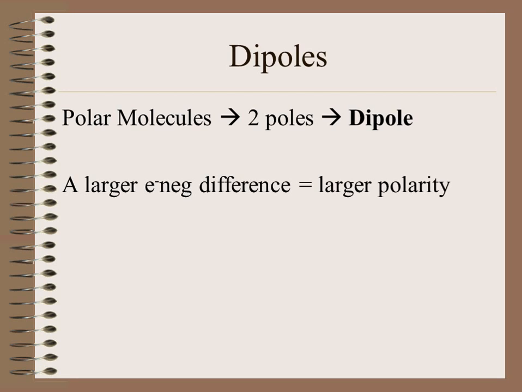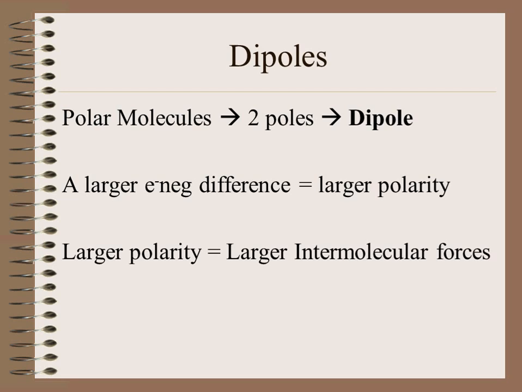Now how this impacts the characteristics and the properties of our molecules, if you have a large electronegativity difference, but yet it's still being shared, you have a large polarity. So it's almost as if the bond is an ionic bond, but not quite. Well, the larger the polarity is, the stronger the attractive forces, the intermolecular forces, are going to be.